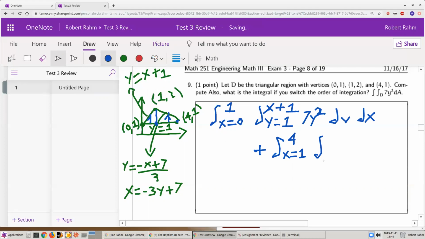And now the y integral is going to go from 1 to this, minus x plus 7 over 3. So this is minus x plus 7 over 3. And then this is 7y squared. Sorry, that's a dy up at the top. dy dx.